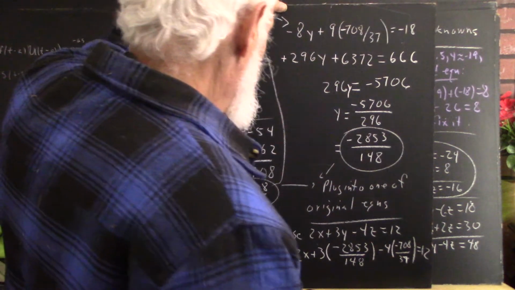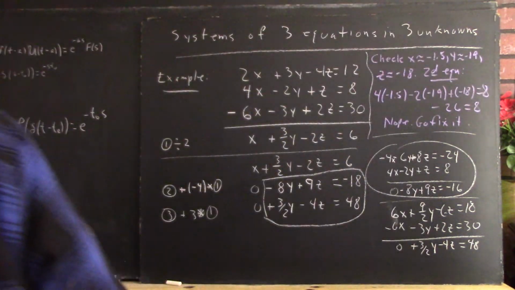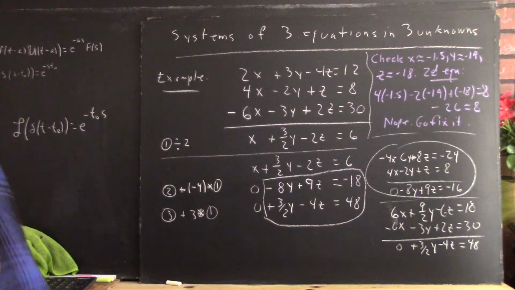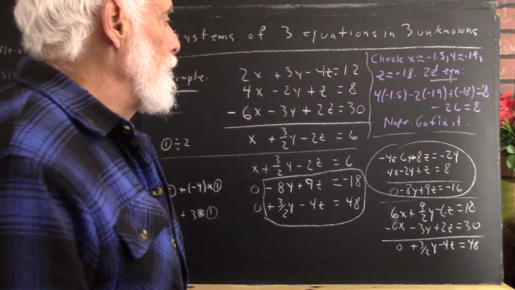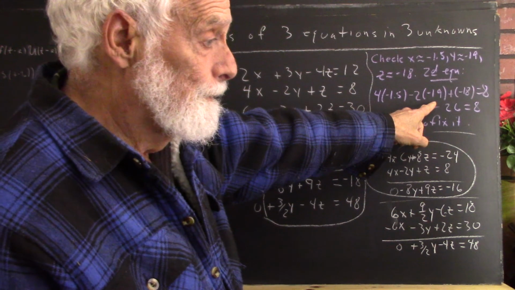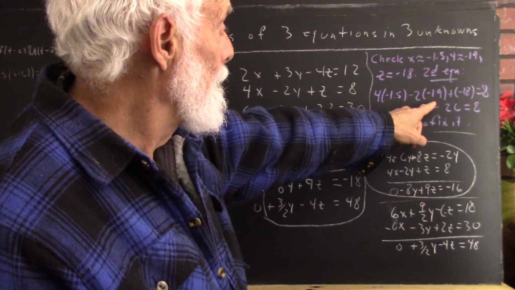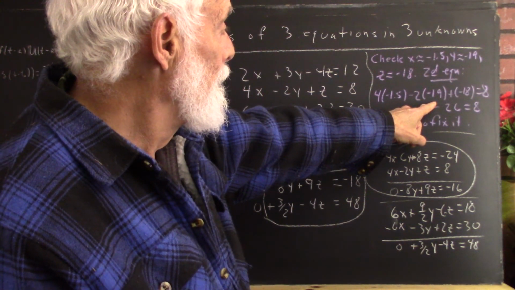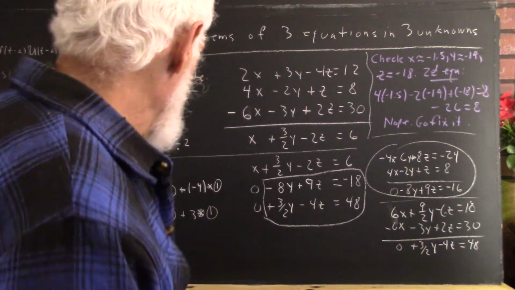I don't see any way to change the sign of one of these numbers and get something closer. If this was plus 19, yeah, we'd be close. We still wouldn't be that close. Okay.